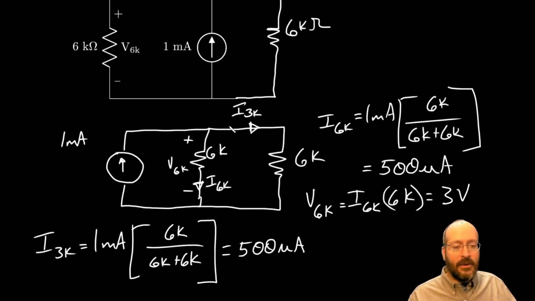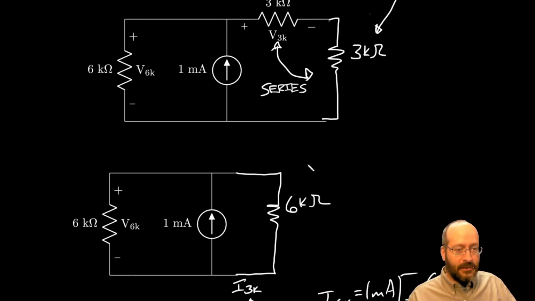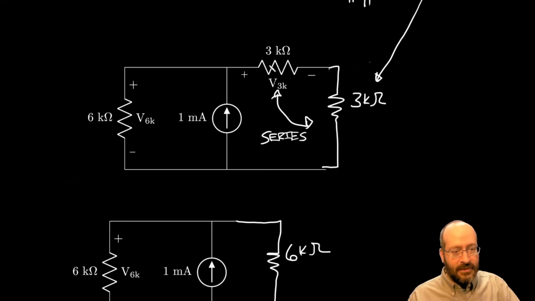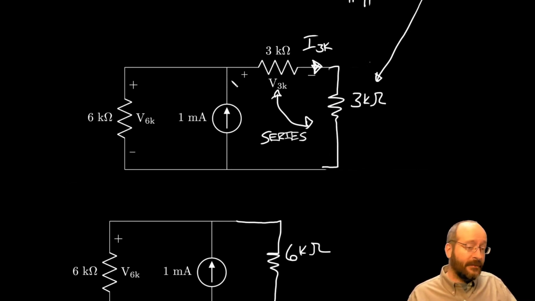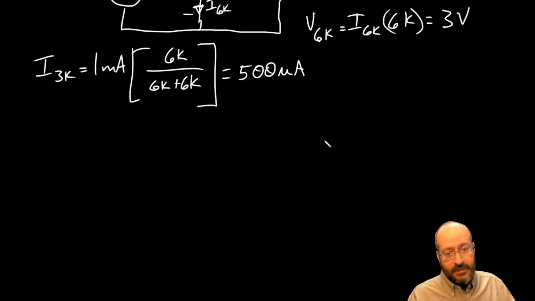Okay. And that current's flowing through this branch. And that branch is the same as this branch up here, this series combination. Right? So that's why I labeled it the current through the 3K. Because they're going to carry the same current. Okay? And we can find the voltage across the 3K if we just multiply the current through it by the resistance.